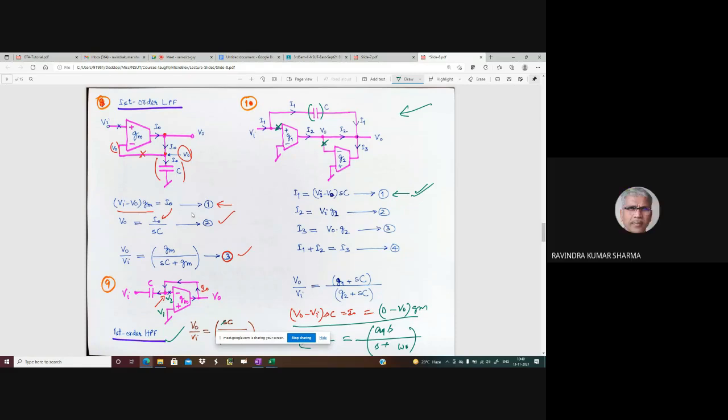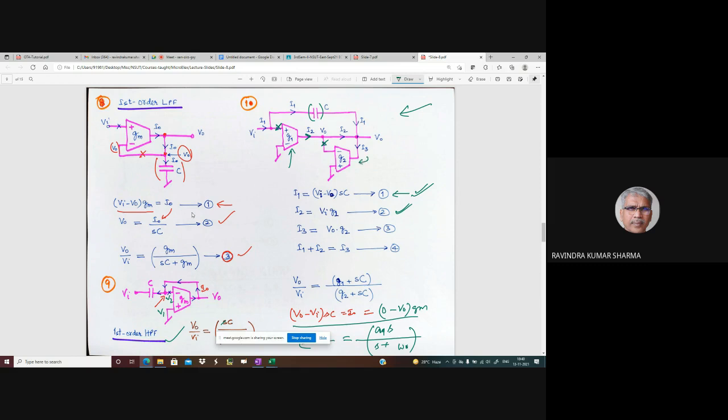Yes, sir. Equation 2 is the output current of this OTA. What will be the output current I2 of this OTA? Non-inverting voltage minus inverting voltage times G1, which is V i G1. Is that okay? Yes, sir. Similarly, what will be I3? I3 is the inward current. What will the inward current be?